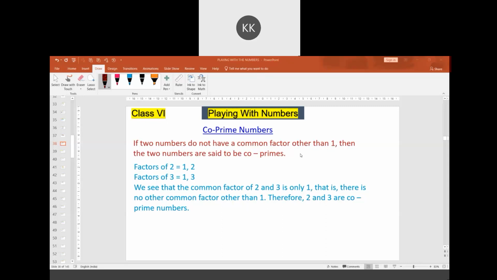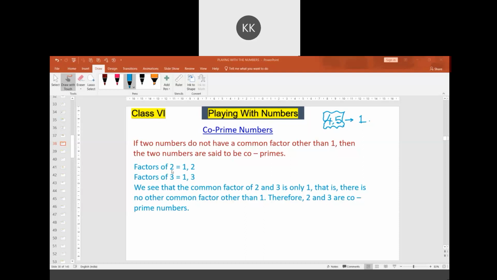If I consider randomly two different numbers like 4 and 5, the highest common factor for 4 and 5 is only 1. Such numbers are called co-prime numbers. If you take any two consecutive numbers, they will be co-prime. This fact you have to remember.